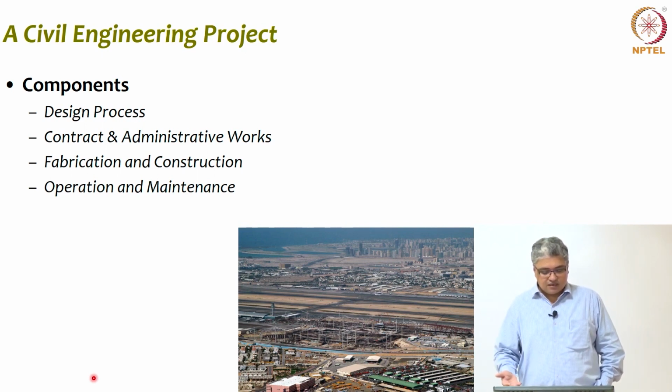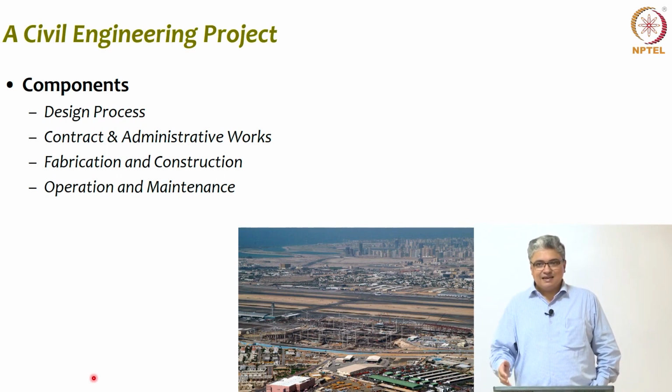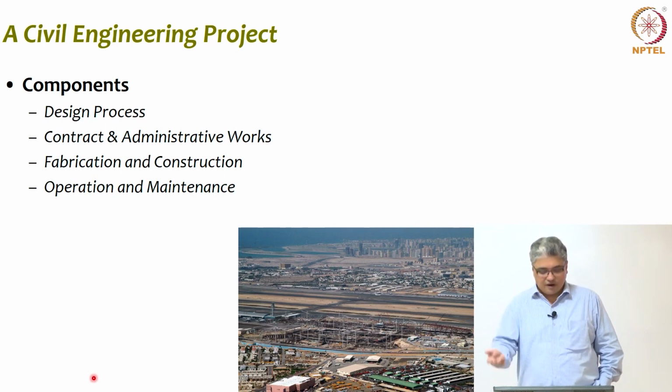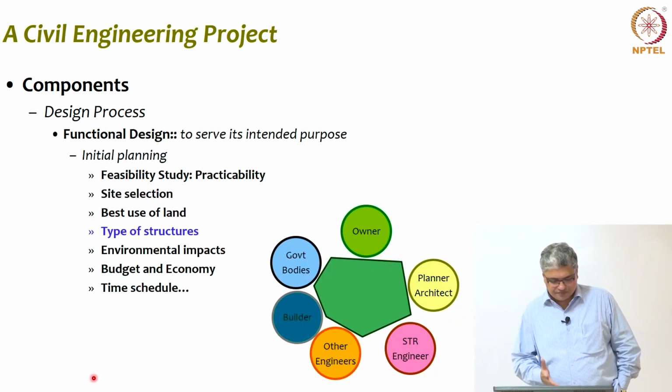So there's fabrication and construction, but there is one more important thing which we often miss, which is operation and maintenance. And maintenance, we are very bad at maintenance, trust me. We have to develop that culture also. We build a lot of good structures, and then we think once it is done, our job is over. Our job is not over. We have to continue to monitor it and do maintenance and operation.